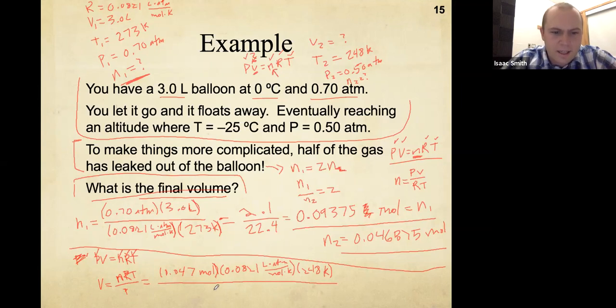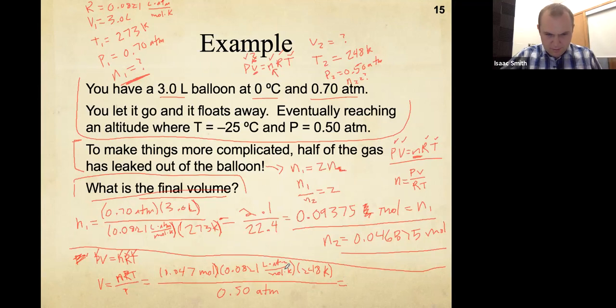All right, and then we're dividing it by the pressure, that's P, which is 0.50 atmospheres. Okay, so if I put this in my calculator, I'm first just going to multiply all the numerators together.